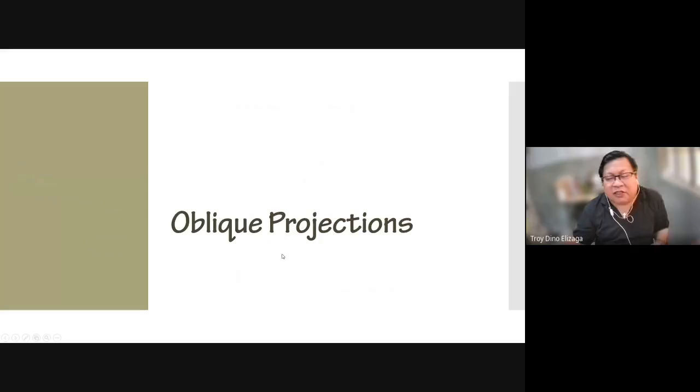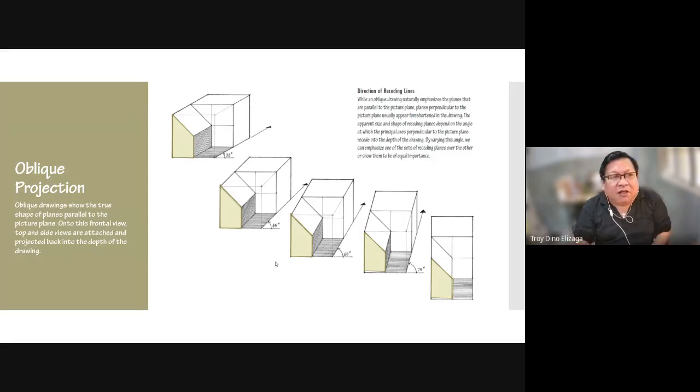Now oblique projections. It says here oblique drawings show the true shape of planes parallel to the picture plane. Okay, and to this frontal view, top and side views are attached and projected back into the depth of the drawing.